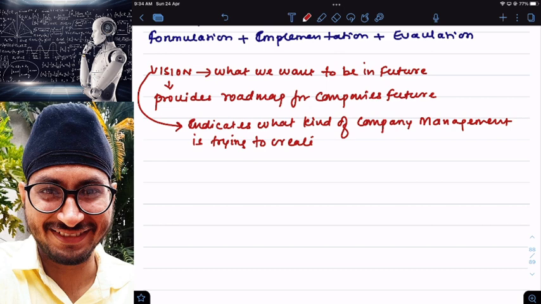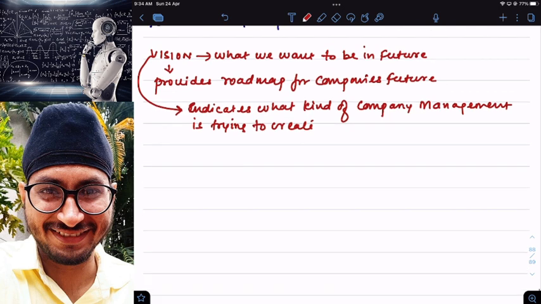Simple. What kind of company is management trying to create? Like they are focusing on customers, they are focusing on profits. What exactly do they want to do in future?